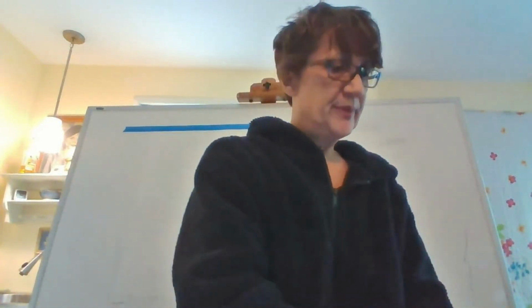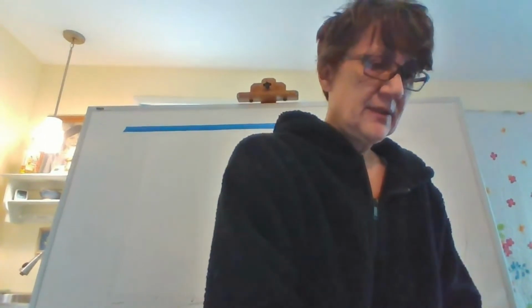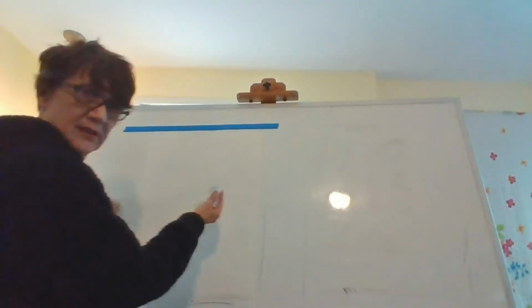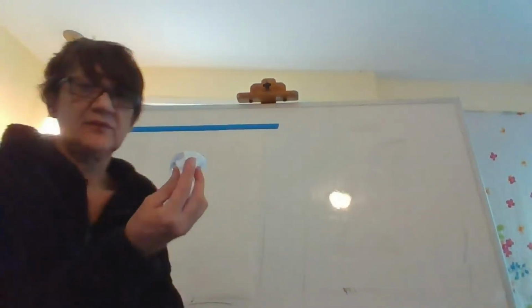I've got to get a paper towel. So now I've got my paper towel, and I have to set this down to do this, preferably not on my computer. I'm going to pick up the medium on my paper towel, and like I said, you don't have to do this, you can just put it right on the paper. And I think you can see this. Let me move a little closer.